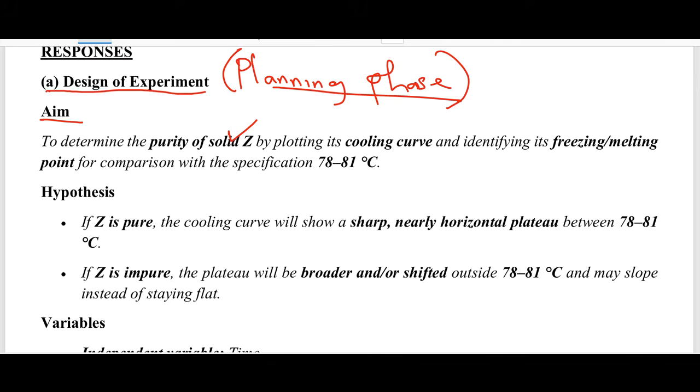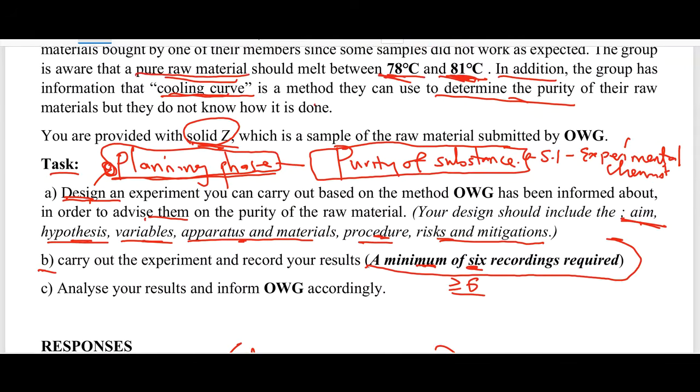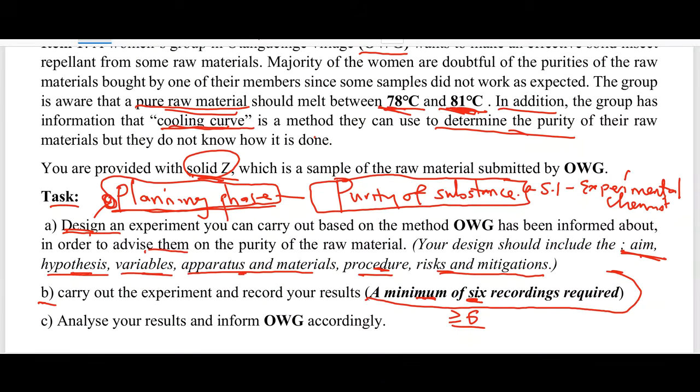Now, this is a general statement, but in this case, what are they looking for? They just want us to look for the melting point, because in the scenario, they said that the group is aware that a pure material should melt. So here we're not looking at the freezing. Instead, we're looking at the melting point, which is between 78 and 81.